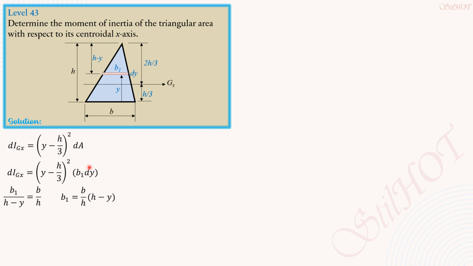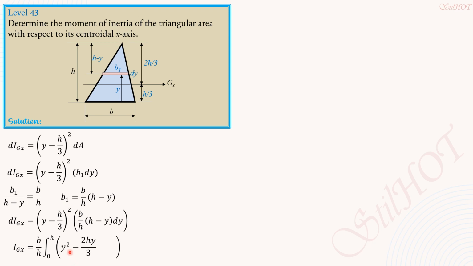Substitute into this equation here, so differential Igx equals quantity y minus h over 3 squared times b over h times (h minus y) times differential of y. So simplifying, Igx equals b over h integral of quantity y minus h over 3 squared, by expansion y squared minus 2 thirds hy plus h squared over 9, times h minus y dy.